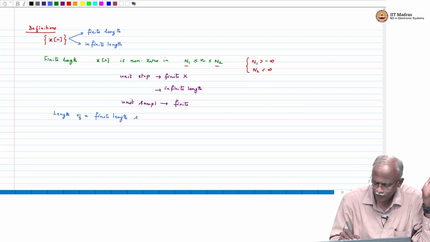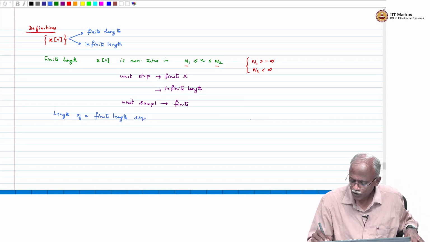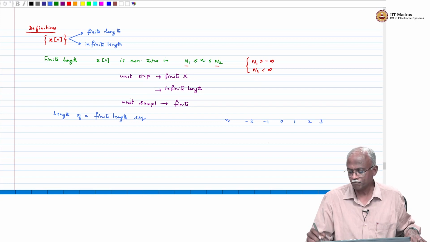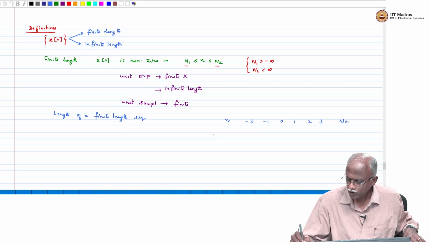Let me give it to you in the form of an example first. Supposing the non-zero values are corresponding to the values of n minus 2, minus 1, 0, 1, 2, 3. These are the points at which you have non-zero values. So, count them. This is 1, 2, 3, 4, 5, 6.